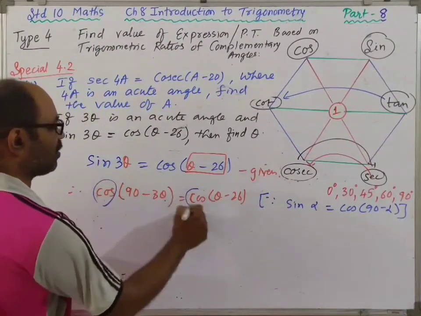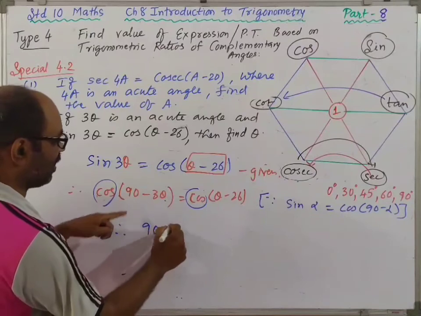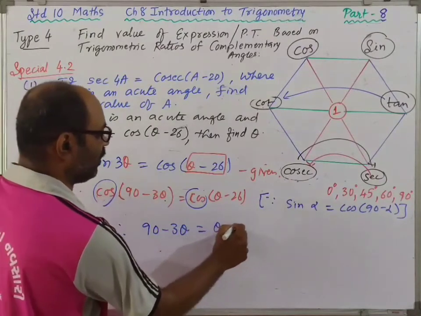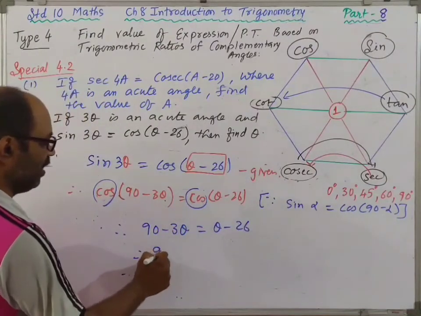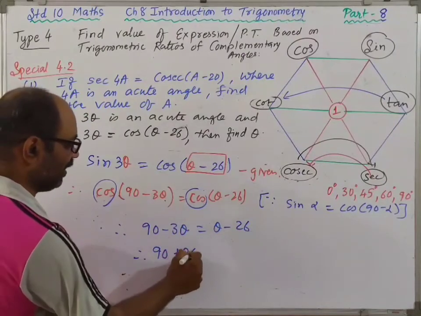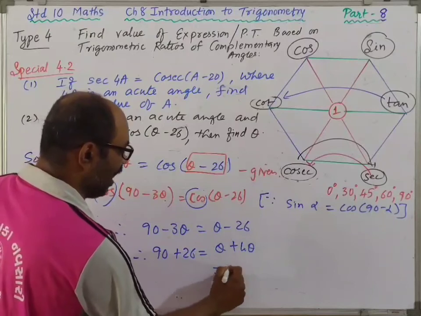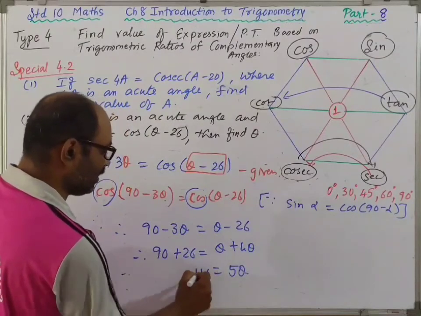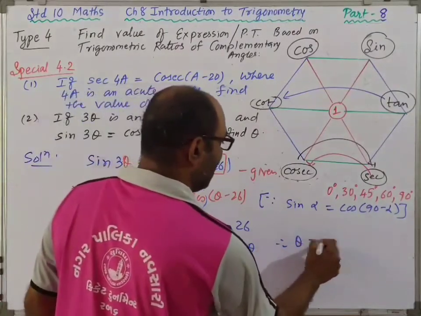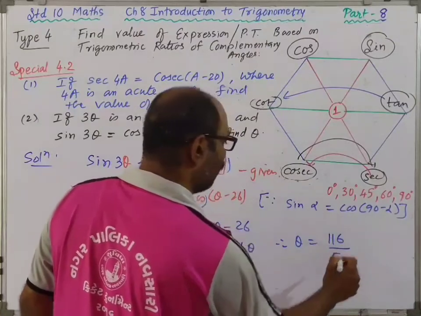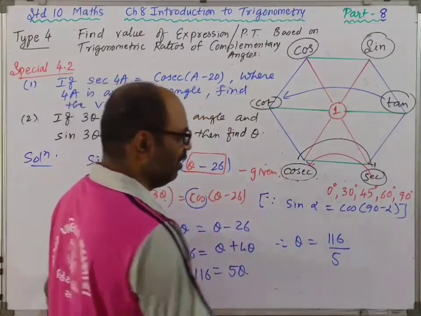Now you got cos cos, therefore angles 90 minus 3 theta is equal to theta minus 26. Find 90 plus 26 is 116, theta plus 4 theta. So again 5 theta is equal to 116. Therefore theta is 116 divided by 5. Alright?